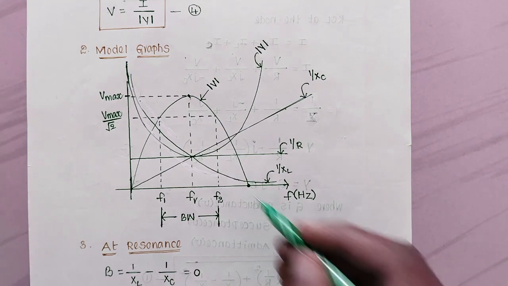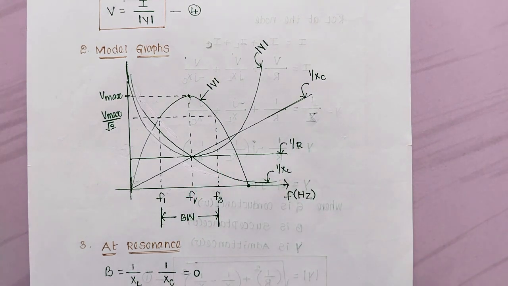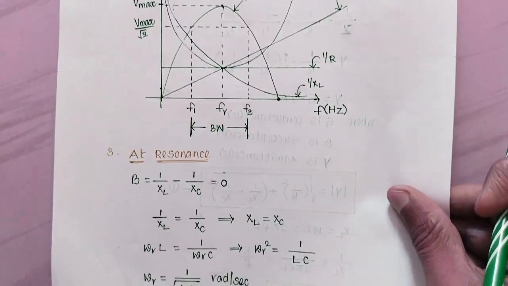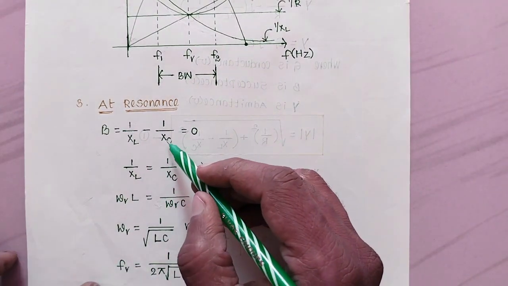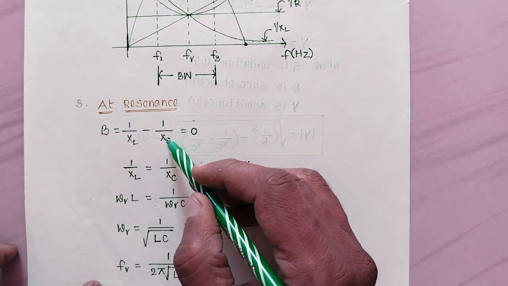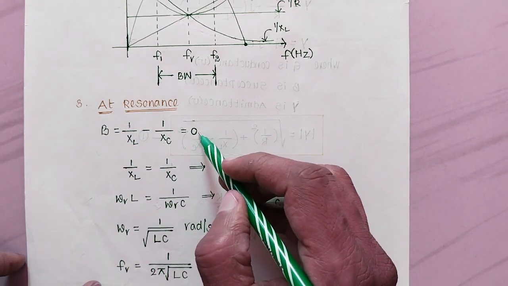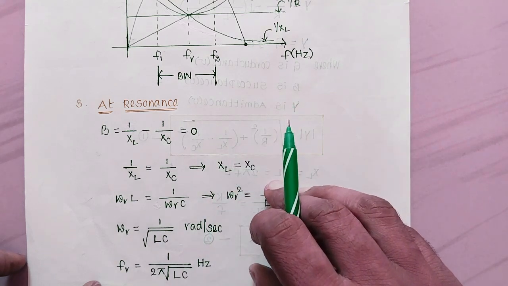Now let us try to derive the mathematical equation for the resonance frequency. What is the condition for resonance? At resonance, the imaginary part is 0. So here the susceptance part is 0. B equals 1 by XL minus 1 by XC equals 0. The reactance part of the admittance is 0.